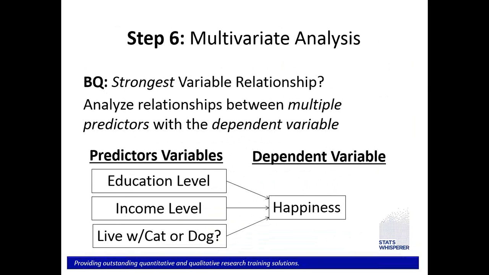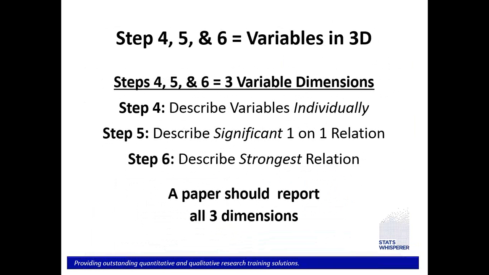Now think about our study, right? We had 3 variables. If we didn't do that multivariate analysis, one of them maybe becomes not significant any longer in our regression model, right? We wouldn't know that if we just ended at the bivariate analysis, step 5. So think of it this way. Steps 4, 5, and 6 are a way for you to see the variables in 3D, in other words, 3 dimensions.